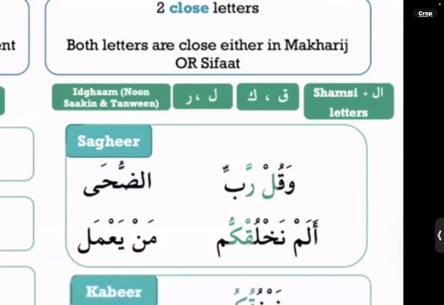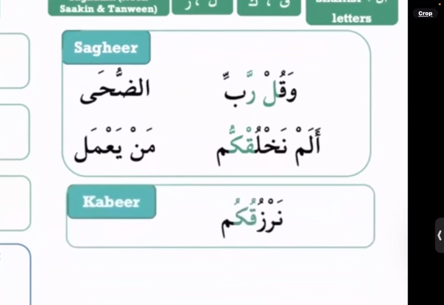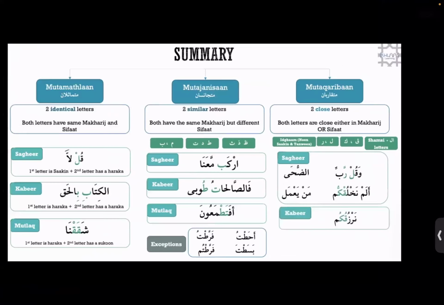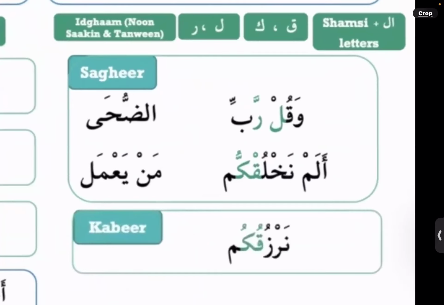They're close to each other, so they merge in the way of mutaqariban. So صغير, again, that is when you have a small type of idgham. Remember we have small idgham for each of these three. That's the one I want you to focus on. That's the main one.